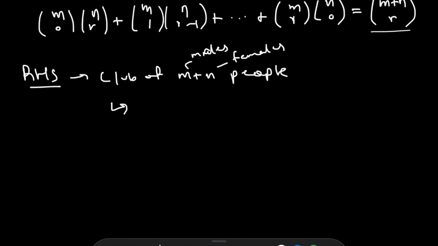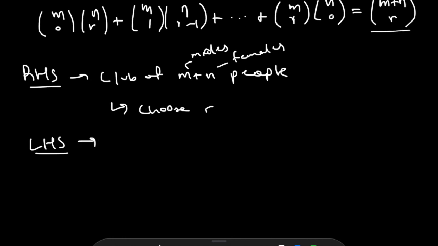And from this club of m plus n people, we want to choose r to form the committee. So we're going to have an r-person committee that we're going to choose from this total group of m plus n people. Now we want to count the number of ways to choose an r-person committee from a group of m plus n people, but we want to show that the left-hand side also counts the same thing.